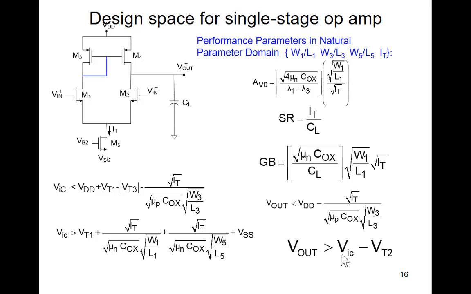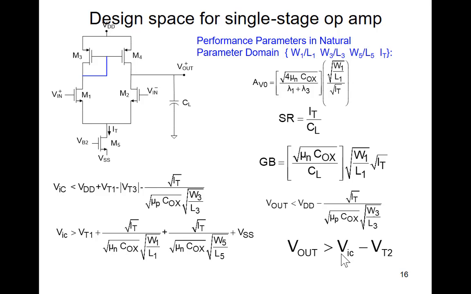Well, I went back and I wrote all those expressions in terms of the natural parameter domain, in terms of W over L's and the tail current. And there are those expressions. Any observations? Prefer the previous one. So do I. It's hard to gain insight.